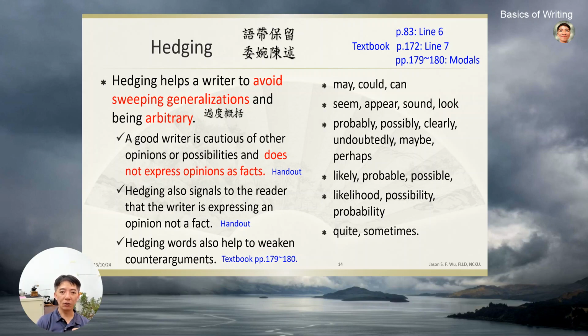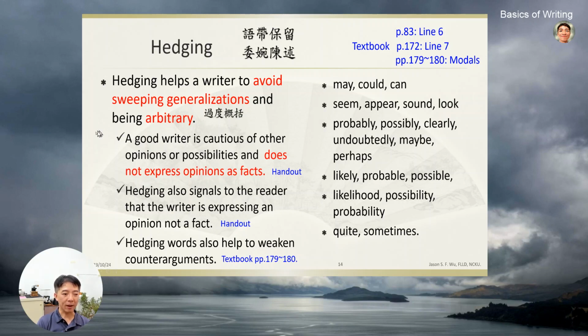So you can use may, could, can, seem, probably, likely, likelihood. These words can help you to express your opinion instead of using an opinion as a fact. All right. So this is very important, and try not to do that in writing.